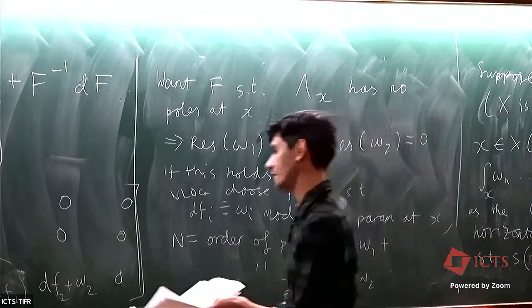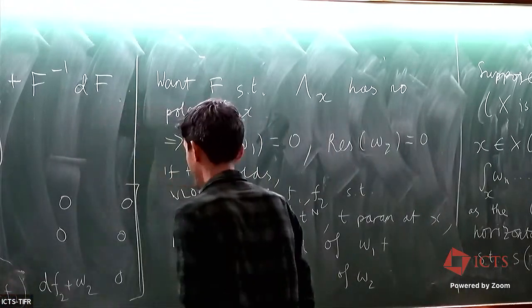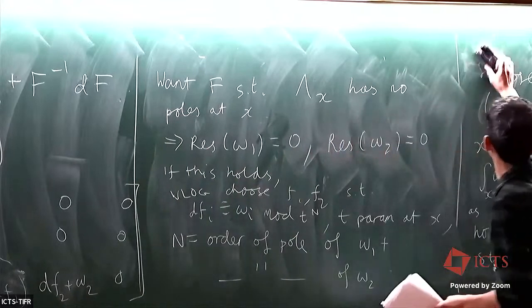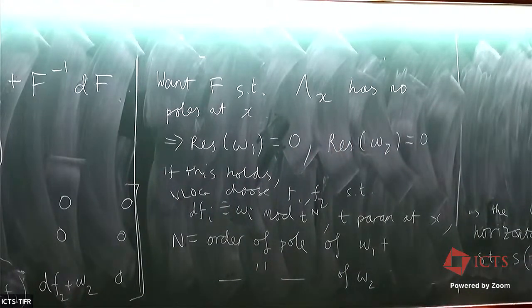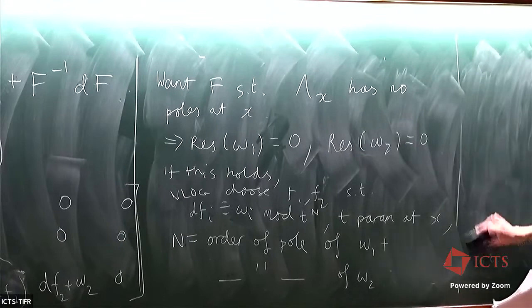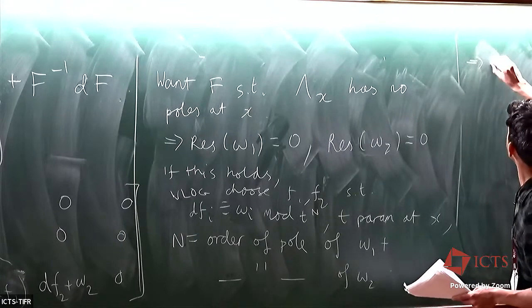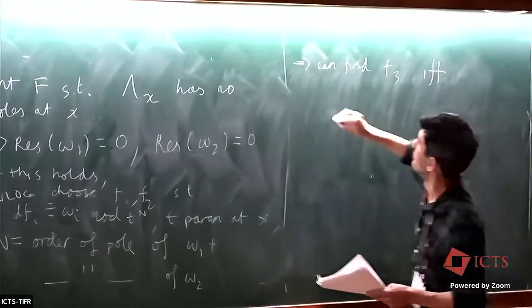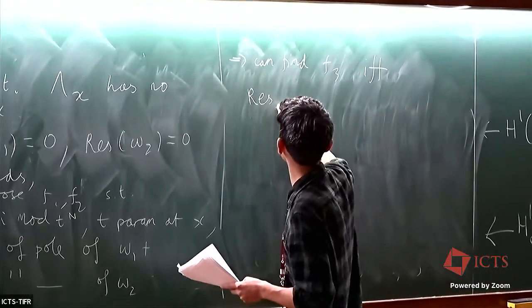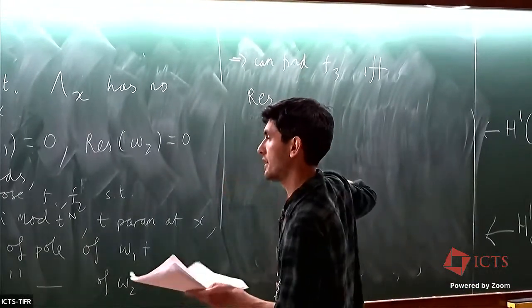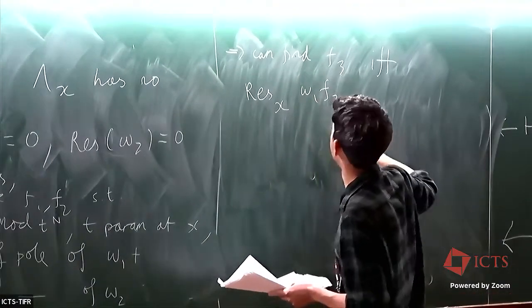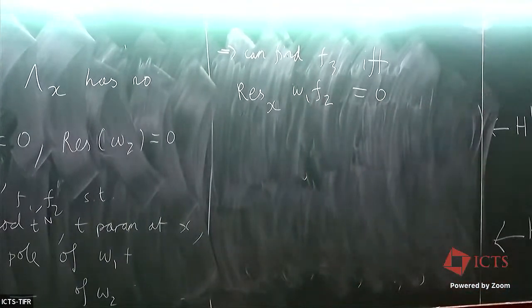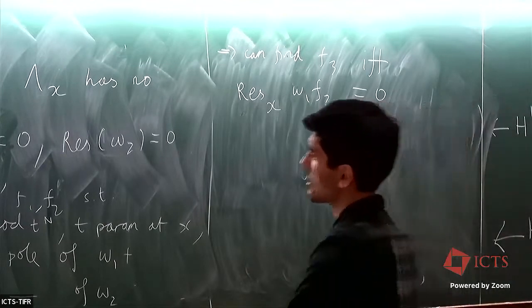And then it turns out in this formula, this term here cancels out, and so then we can find f3 if and only if the residue at x of this new thing, omega 1 times f2, is equal to 0. So that actually answers the question of when this vector bundle with connection extends.